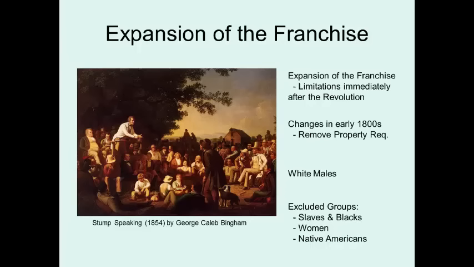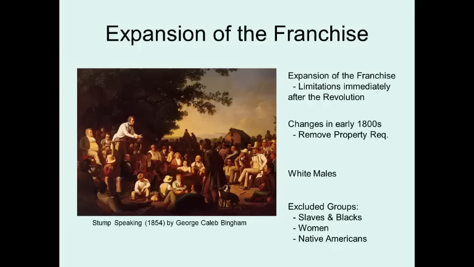We have slaves, which are obviously denied any type of benefits here. But we also have free African Americans living in the country. And even free African Americans are going to face severe restrictions on voting and severe restrictions on their freedom, severe restrictions on their social mobility.